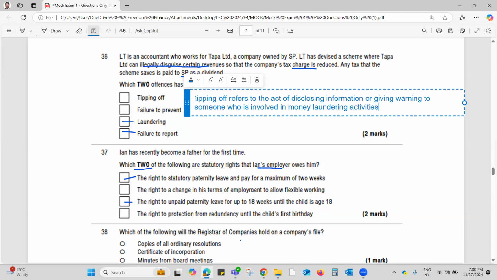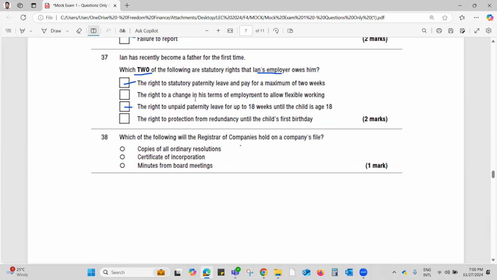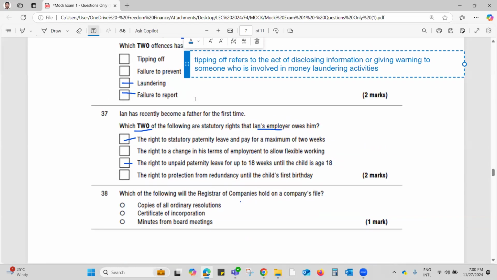So you're secretly disclosing all that information. When you disclose that information to do the illegal acts, we technically call it tipping off. You're tipping off the information, right?